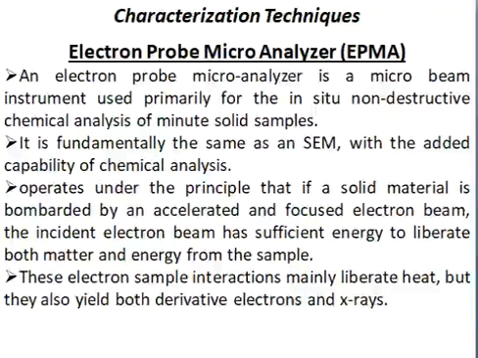It operates under the principle that if a solid material is bombarded by an accelerated and focused electron beam, the incident electron beam has sufficient energy to liberate both matter and energy from the sample. These electron-sample interactions mainly liberate heat, but they also yield both directive electrons and X-rays.